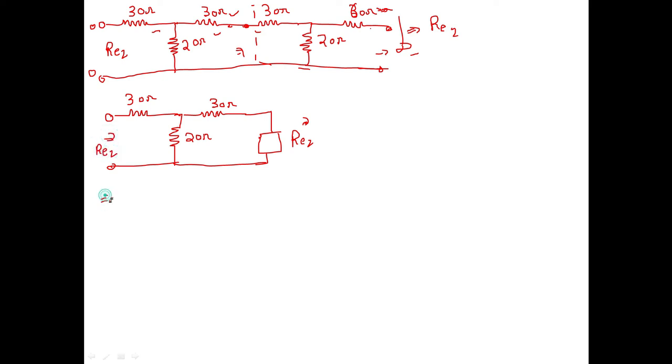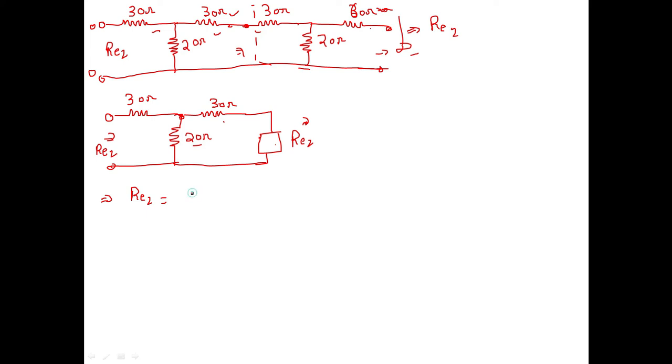Now, how will we solve it? We will further reduce this. This 30 ohm and this R equivalent are in series, and this series network is in parallel with this 20 ohm. Then this whole network is connected again in series with this 30 ohm.